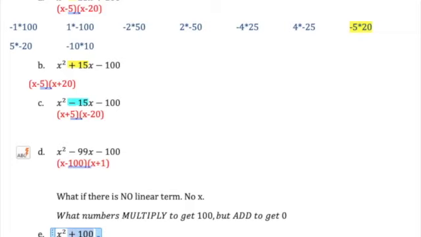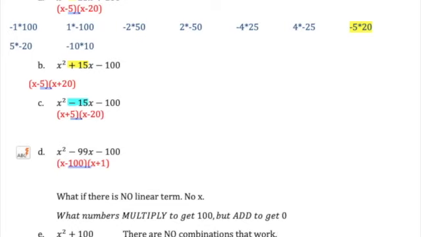So I have nothing in that list that adds to get 0. So it turns out that we have our first thing that we cannot factor. So this is unfactorable. We have no solution to factor this.